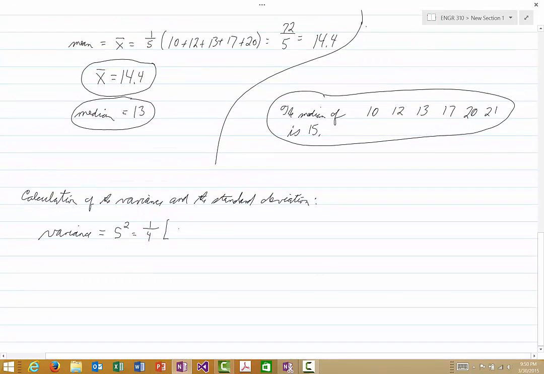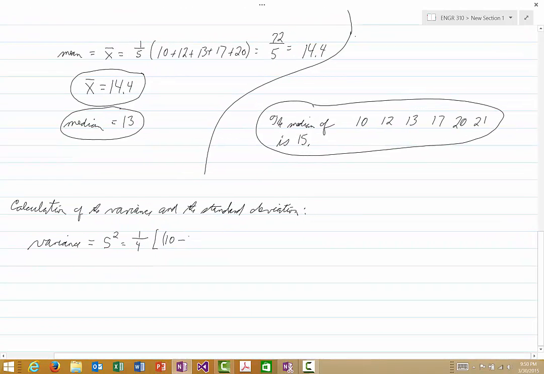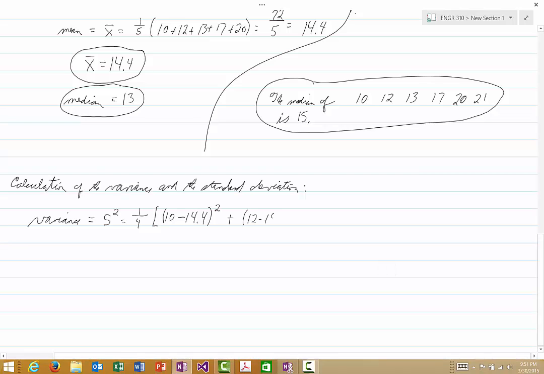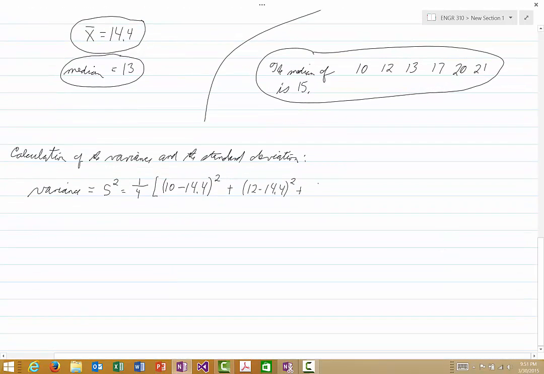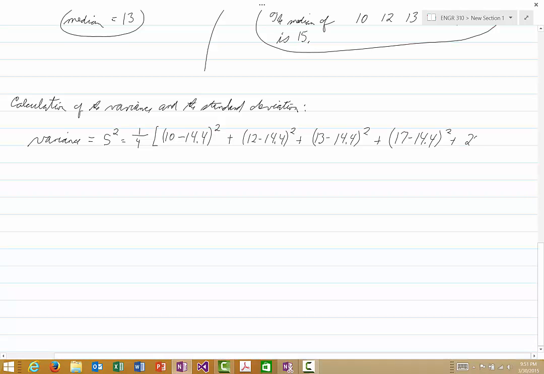We'll have 10, that's our first data value, 10, minus 14.4 squared, plus 12 minus 14.4 squared, plus 13 minus 14.4 squared, plus 17 minus 14.4 squared, plus 20 minus 14.4 squared.